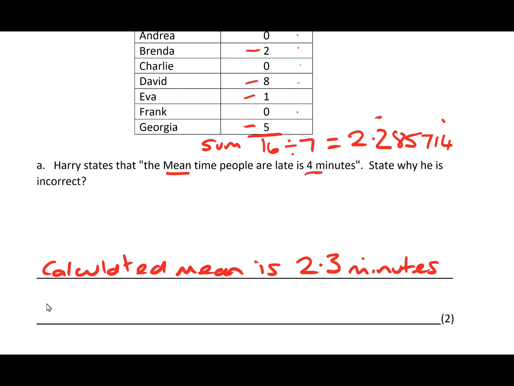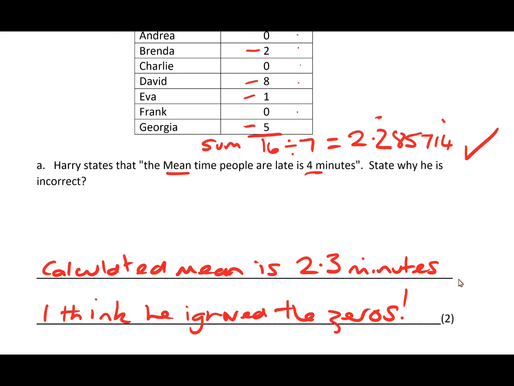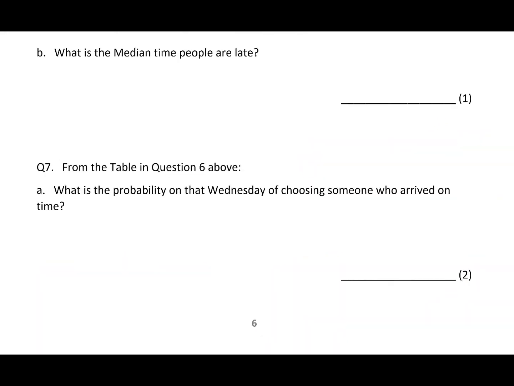So you could say, I think he ignored the zeros, if you wanted to be really accurate and help them out, why he got the wrong times. And that's worth 2 marks. So it'll be a mark for working out the correct mean and a mark for saying why he's incorrect.